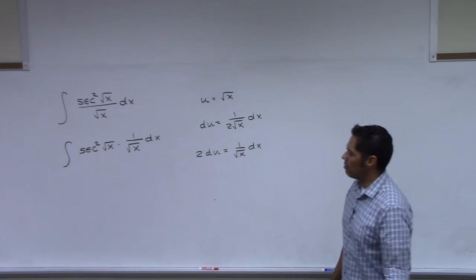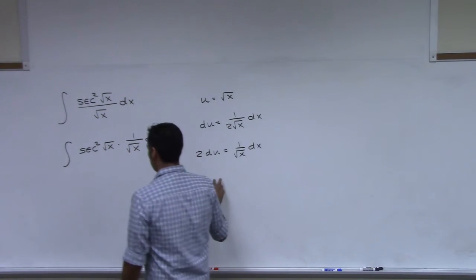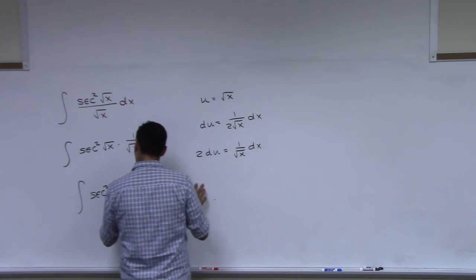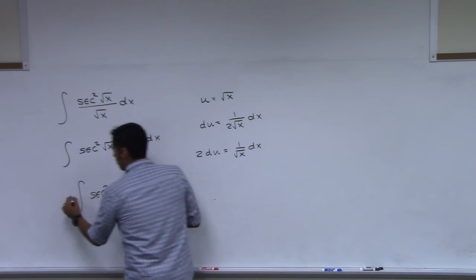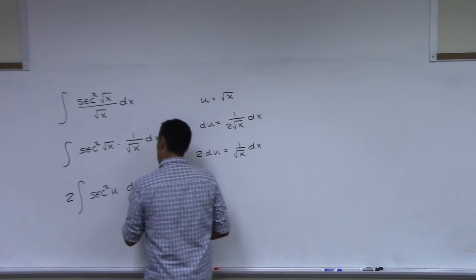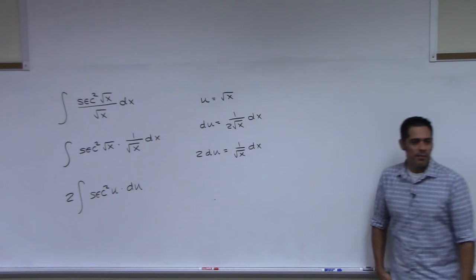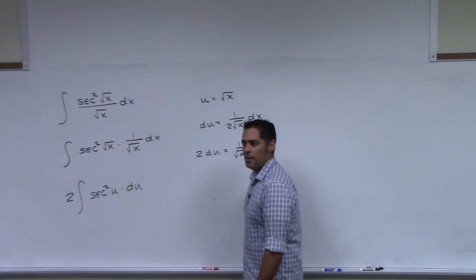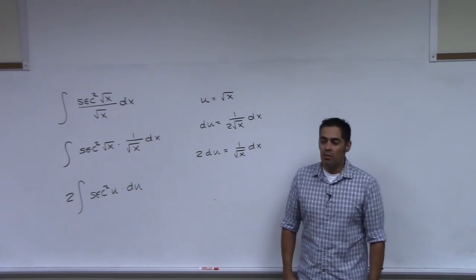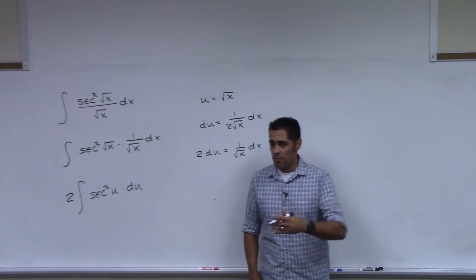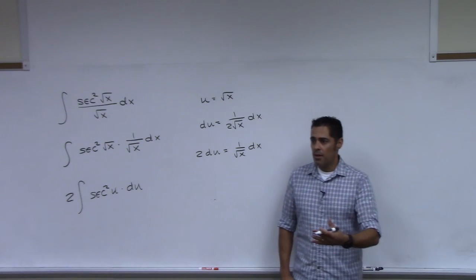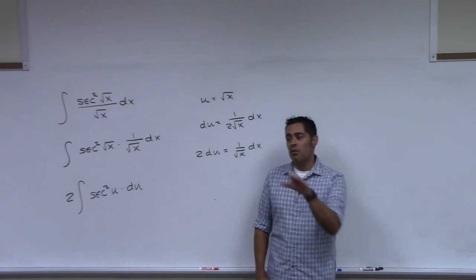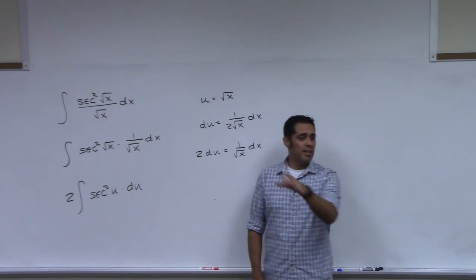So what is the new integral in terms of u? Secant squared u times 2 du. 2 is going to come out. And the antiderivative of secant squared is good for us, is tangent, right? So later on, when we do more complicated problems, when we get into these other techniques, a lot of times you have to do a u substitution first to get it to look like something that then we use a different technique on.